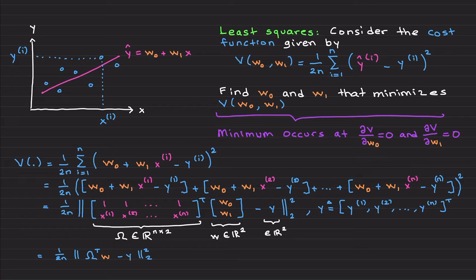Least squares. Basically, least squares is a technique that tries to minimize the difference between the actual data points and their estimates. And we basically capture this relationship using a cost function, V. This cost function depends on two unknown variables, w0 and w1, because how our line or estimate stays close to all these points depends on w0 and w1.